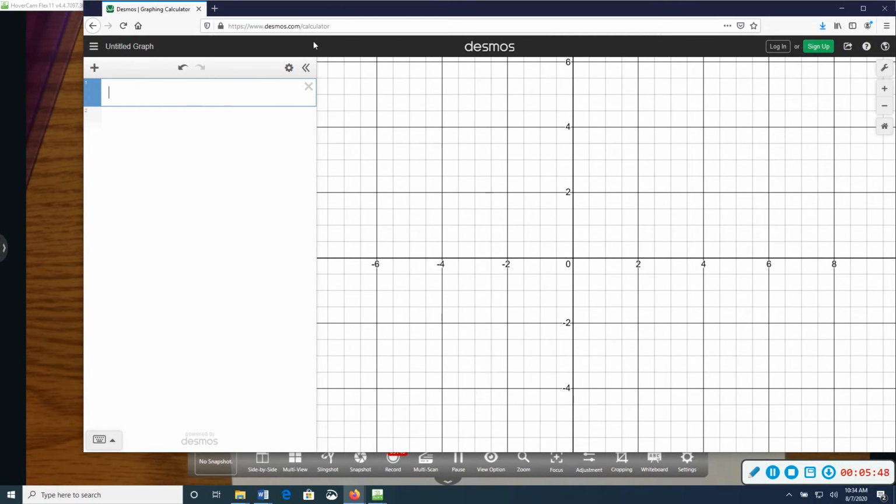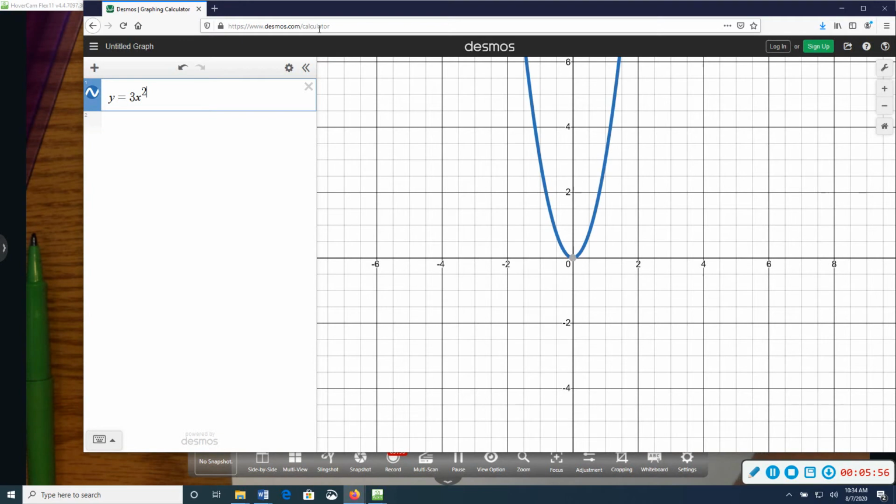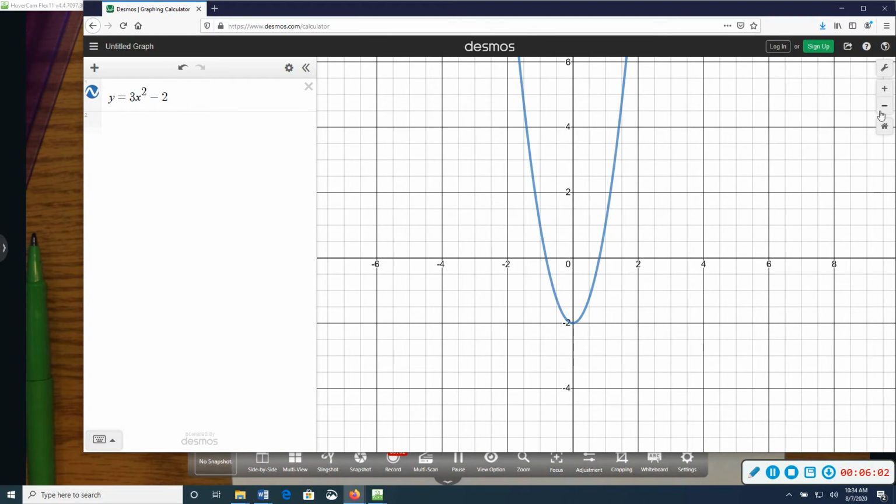So let's put our function in: y equals 3x squared minus 2. And we have our function right here. We want to see, does this pass the vertical line test? And really quick, I'll just make a vertical line.